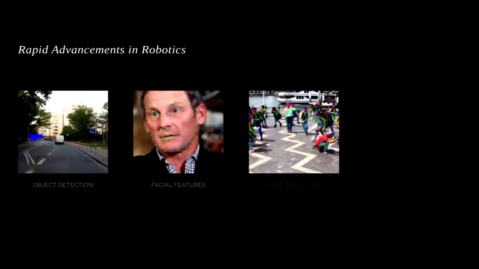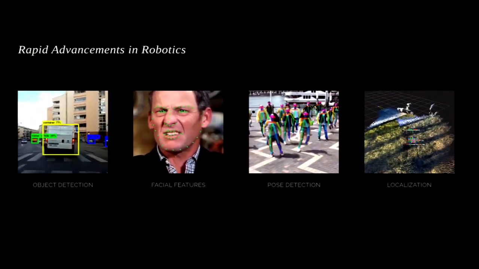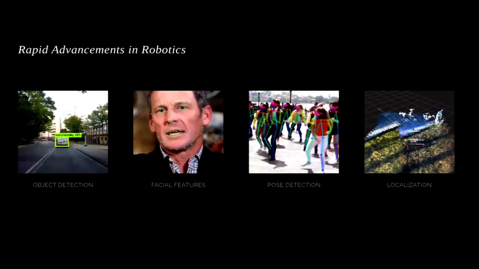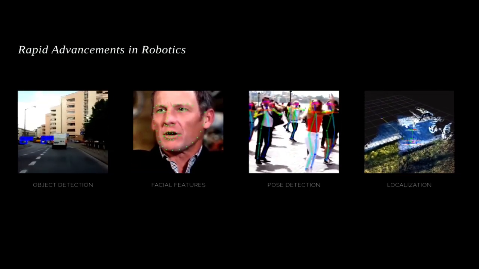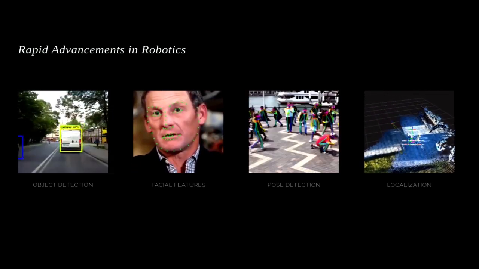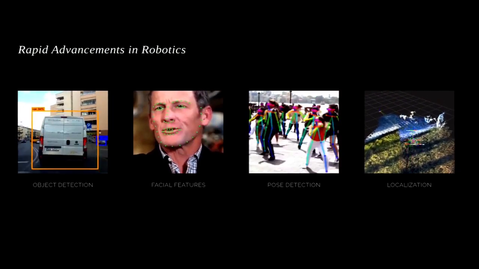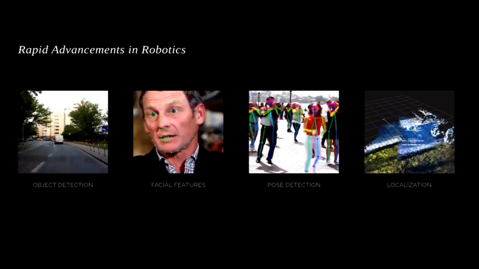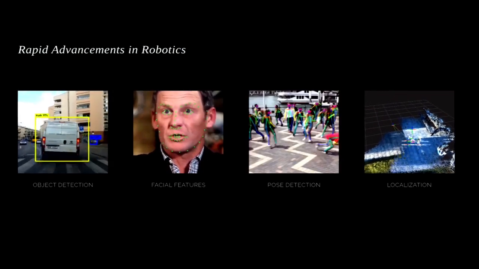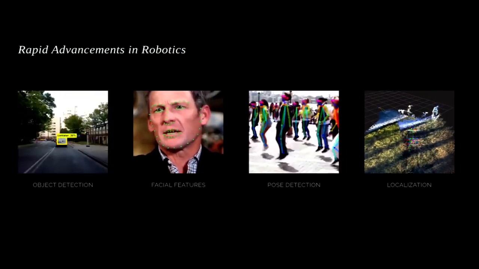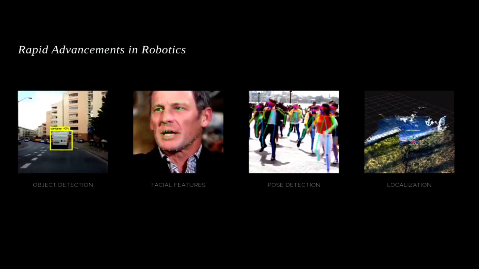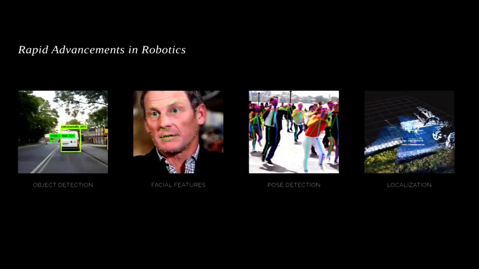There have been a lot of rapid advancements in robotics, especially in machine vision: object detection, facial recognition, pose detection, localization. These are all things that have made a tremendous amount of progress that have helped robotics advance in a really quick time. These components are helping some of those dumb first generation non-humanoid autonomous machines move around in the world.